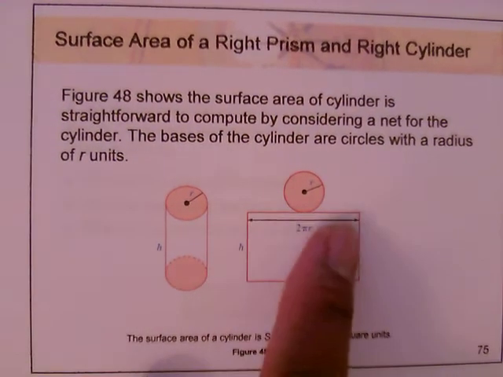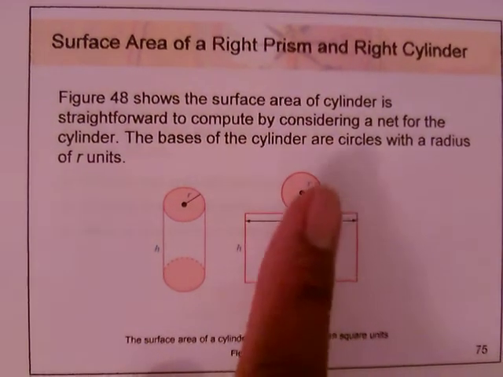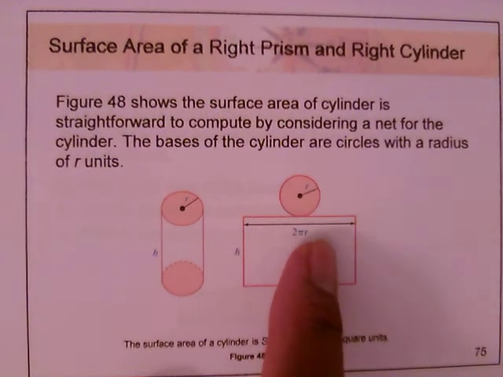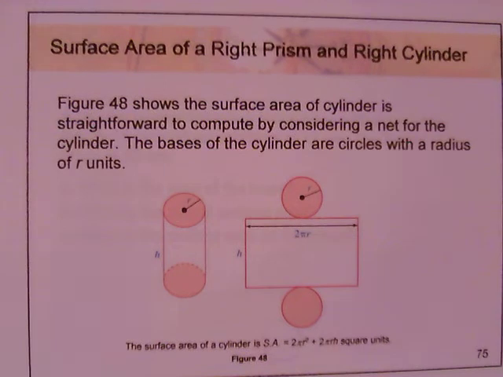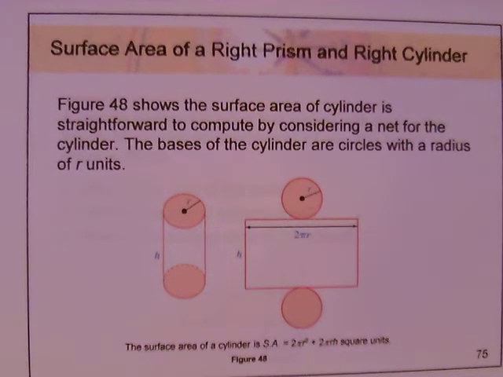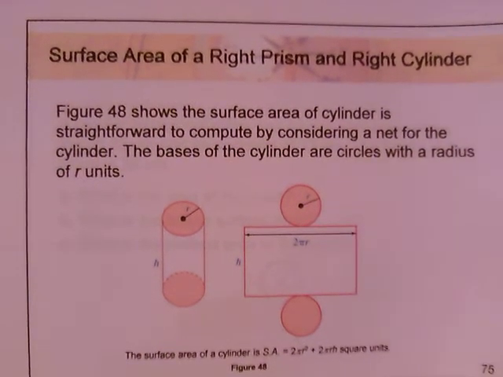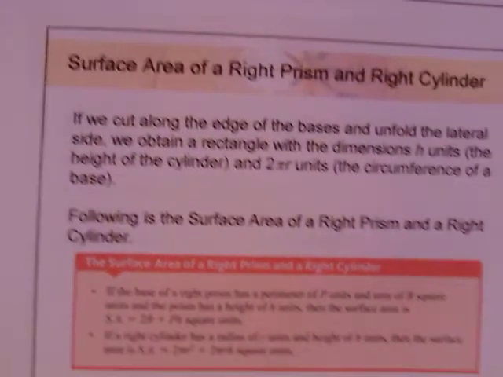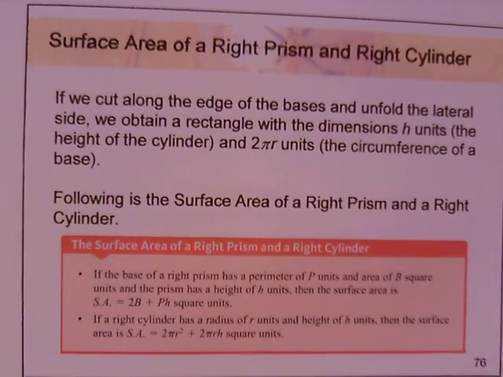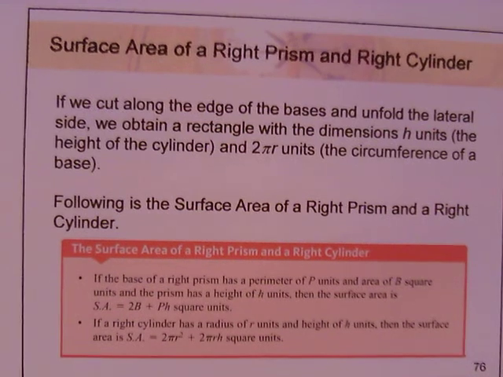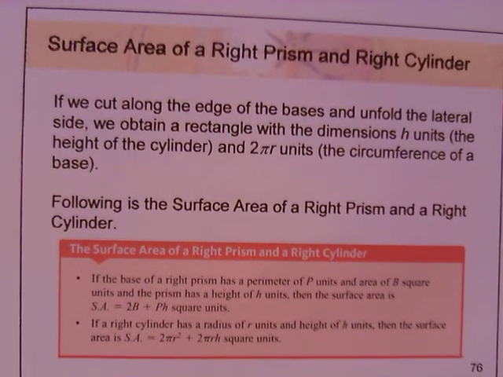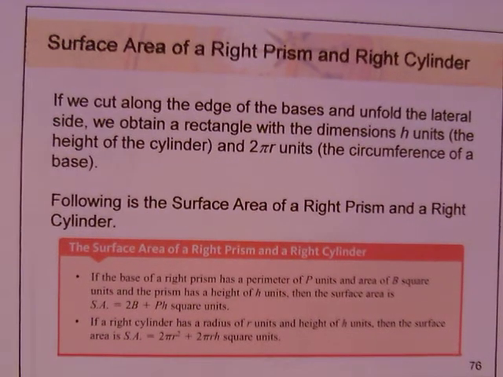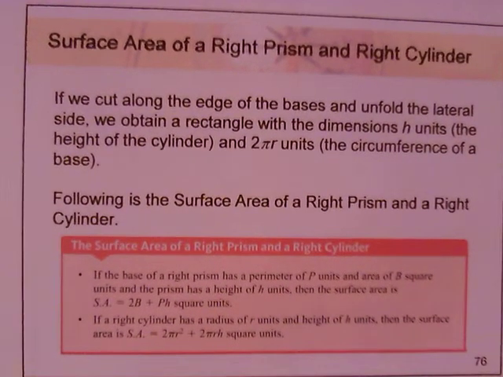Then this length right here is the circumference of that circle, which is 2 pi r, and then your height. If we cut along the edge of the bases and unfold the lateral side, we obtain a rectangle with dimensions h units, the height of the cylinder, and 2 pi r units, the circumference of the bases.